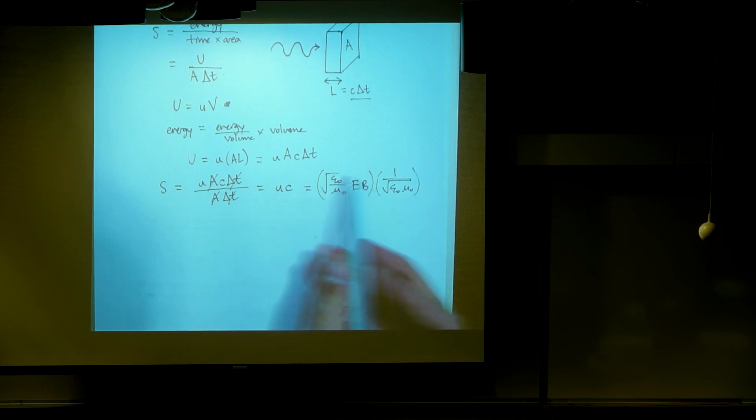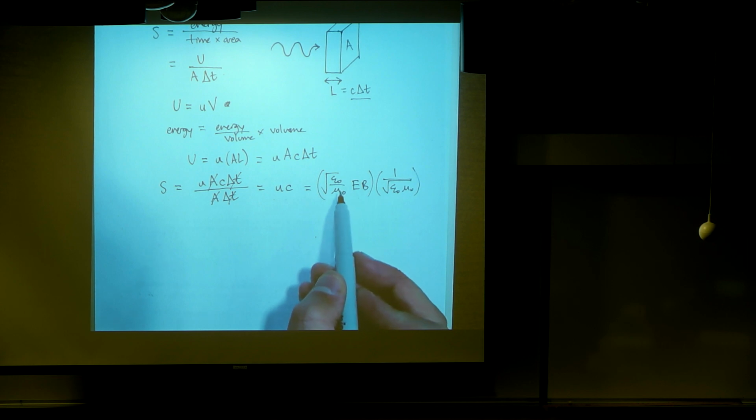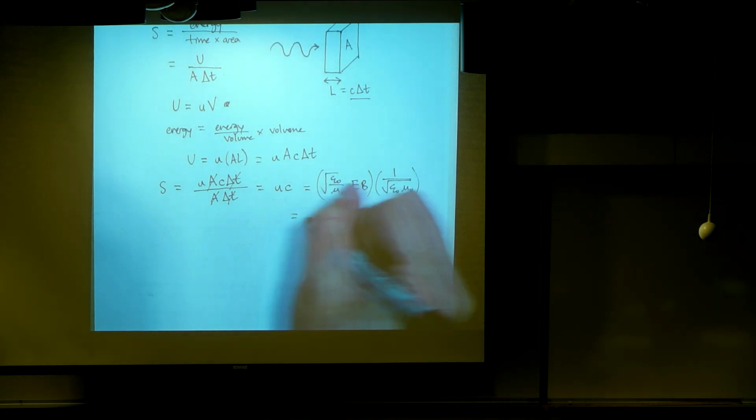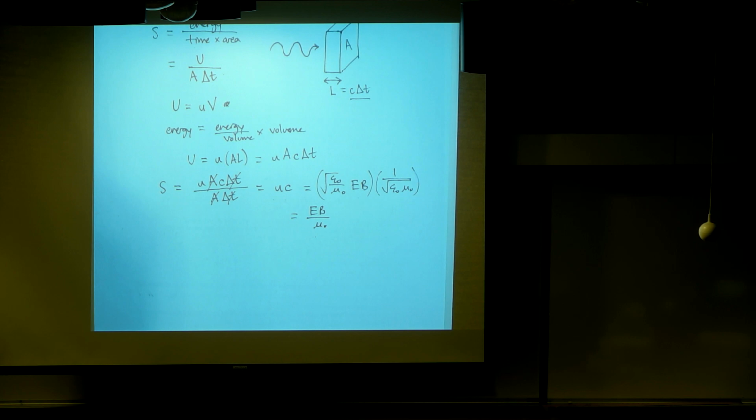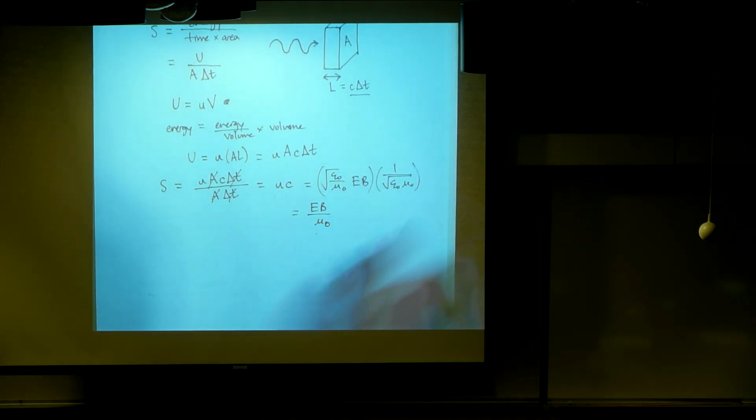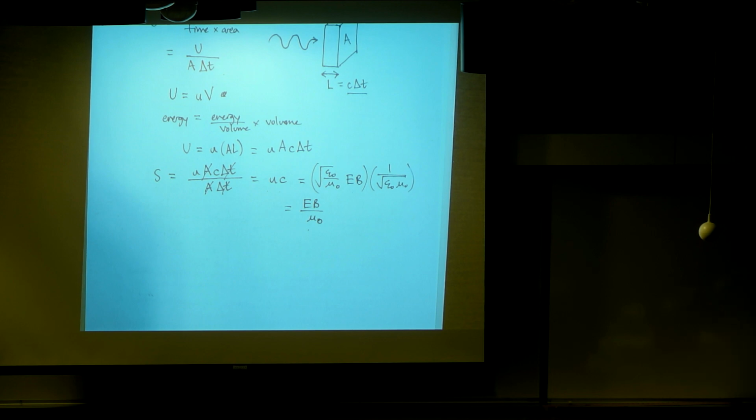So what can we do? We can cancel out the epsilon naught factors here and here. And if I have mu naught in the square root twice, that's just the same as mu naught. So in other words, this is just EB divided by mu naught, okay? All right. So that's one derivation we wanted to get a handle on.